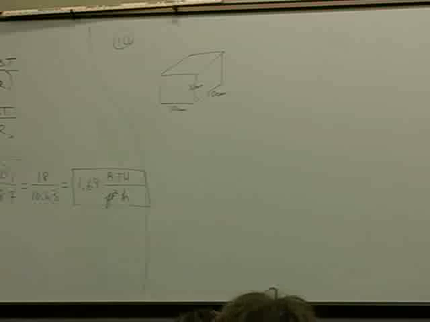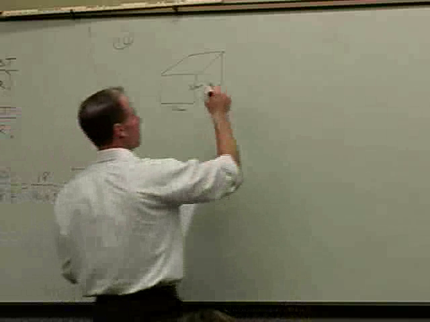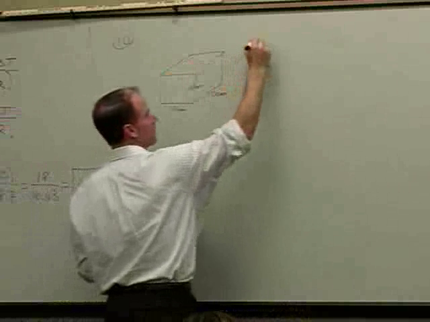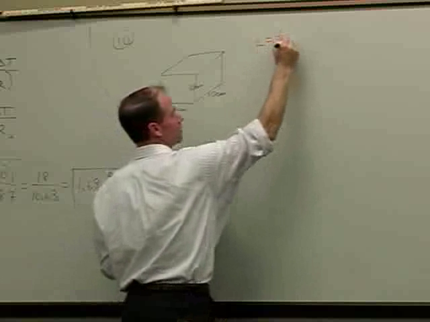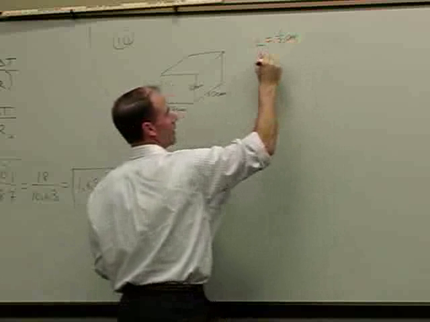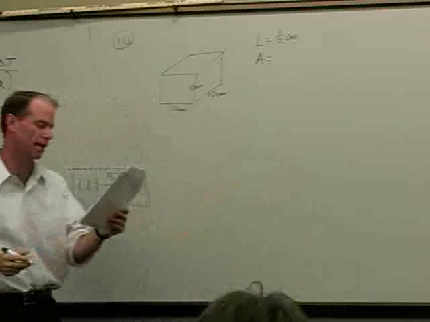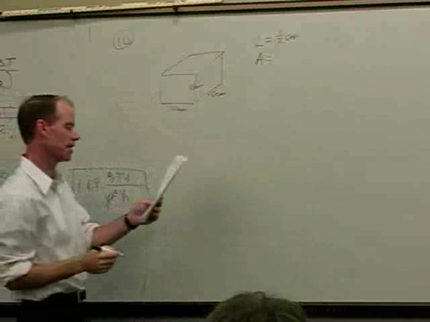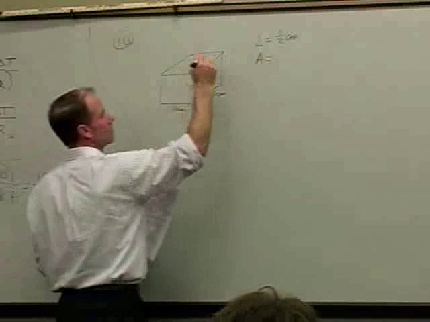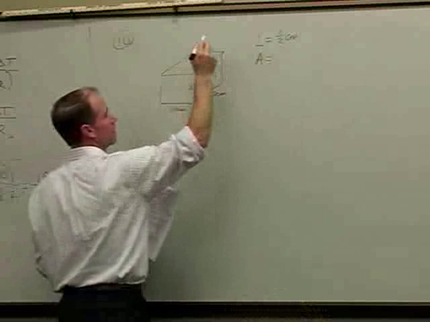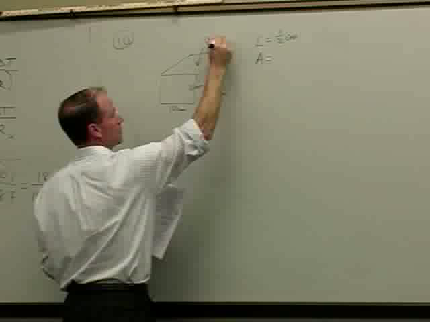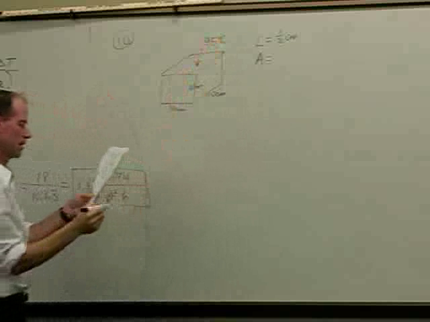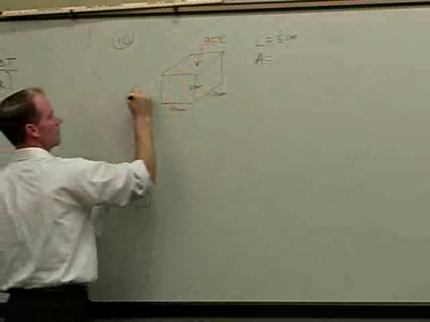Well, the thickness would be 1/2 centimeter, so let's put that in. Inside this, thickness is 1/2 centimeter. The temperature inside is 95 degrees Celsius, and outside is 21 degrees Celsius.